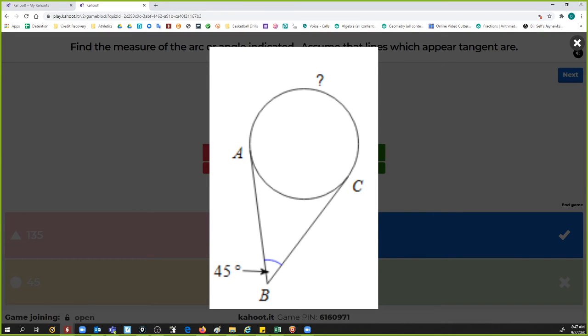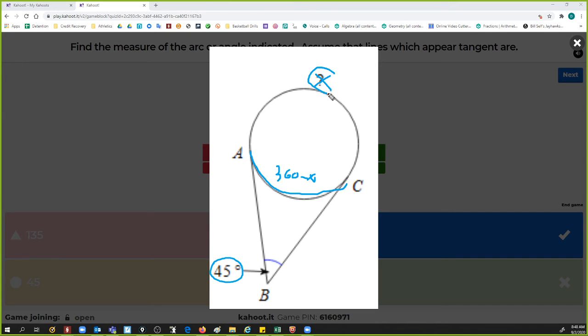So write this down, okay? On these problems where you have two tangents, this is a common type of problem where they only give you the angle and then ask you for one of the arcs. Right now they're asking you for the big arc. So let's say this is x, because this is what we want to find. Since the little arc is just everything else, it is 360 minus whatever x is.